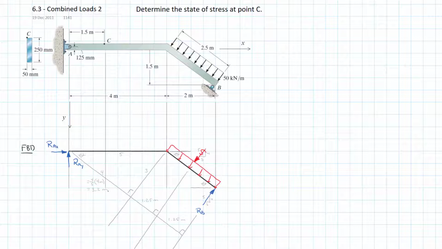So in a little bit of time looking at the geometry of the structure, we're able to get the essential dimensions that we're going to need in order to be able to solve this. The other thing that I'm going to do, just because I'm going to work that way, is ultimately I'm going to break this one down into its x and its y components, and I'll label those as RBY and RBX.